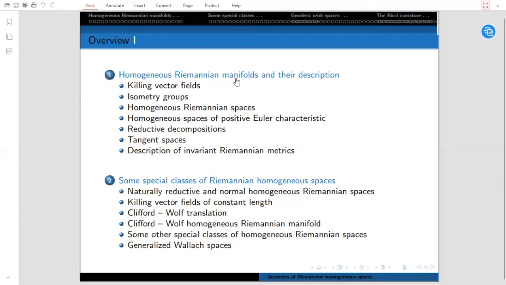We will recall some very basic, very important properties and the methods of studying homogeneous Riemannian spaces, manifolds, and some very important formulas, some very important results will be considered. It's just today.